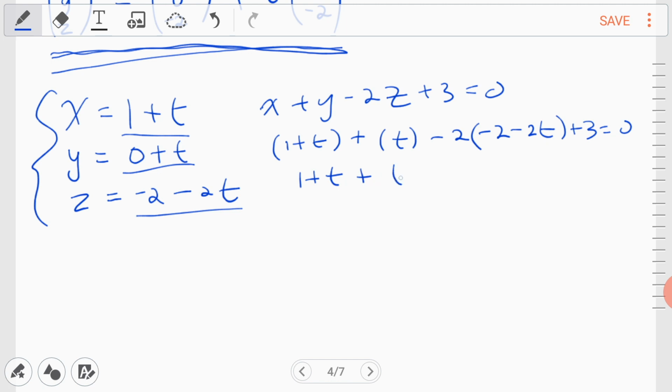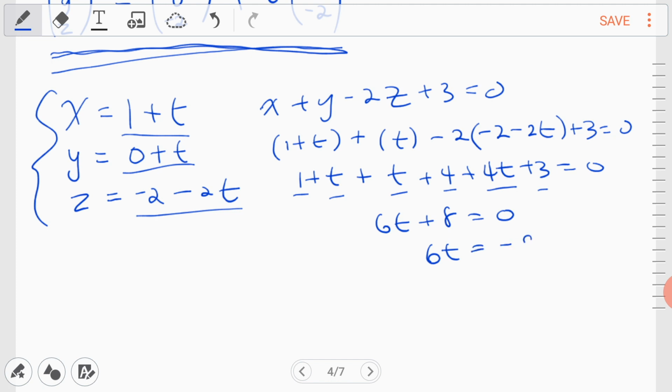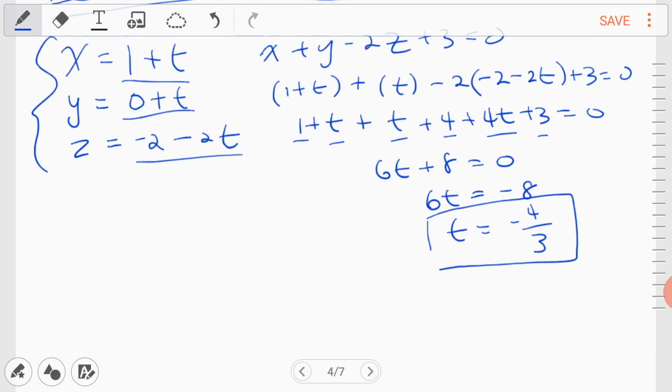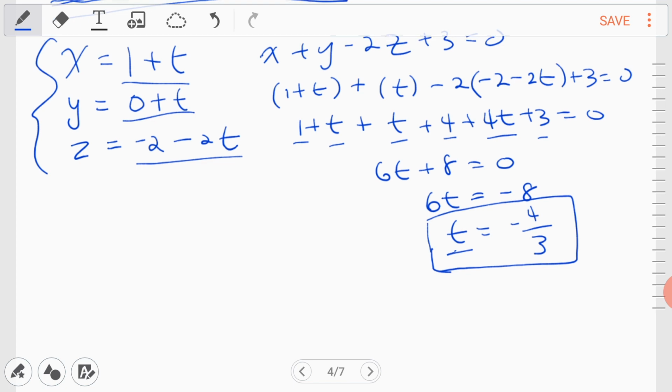So we have 1 + t + t + 4 + 4t + 3 = 0. The t terms give 6t, and 1 + 4 + 3 is 8, so 6t + 8 = 0. 6t equals -8, and t is equal to -4/3. So the point A corresponds to the t value of -4/3.